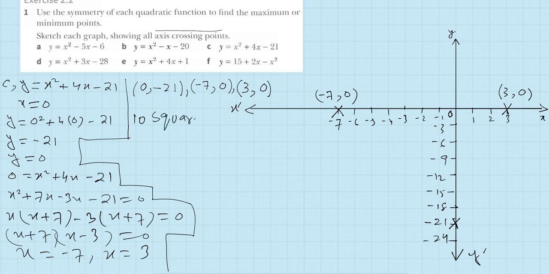And half of 10 is 5 squares, divide by 2. So count 5 squares from any side on the x-axis. I am counting from the right-hand side: 1, 2, 3, 4, 5. So this is our line of symmetry at x is equals to minus 2.